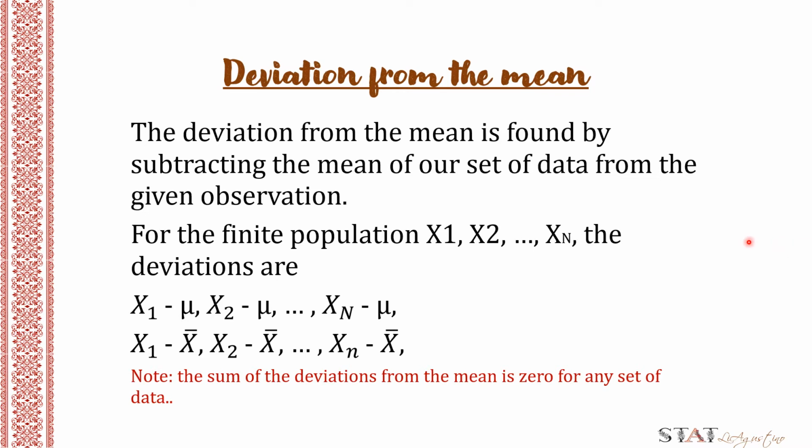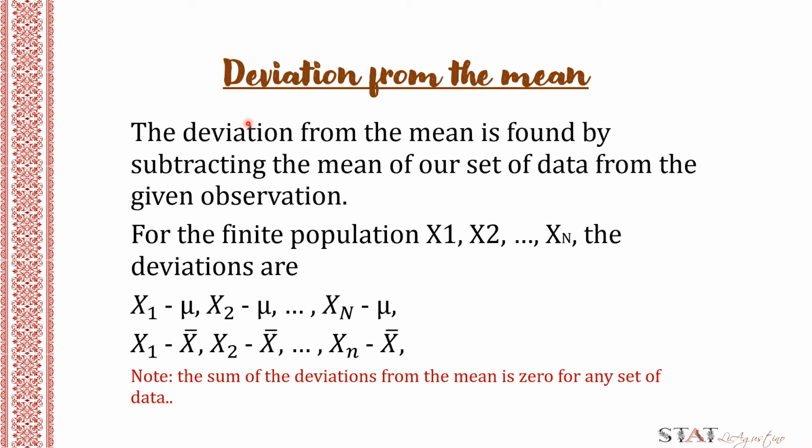Before we proceed to variance, let's compute the deviation from the mean. Let's define it first. The mean that I'm talking about is the arithmetic mean that we computed in the previous topic on central tendency.